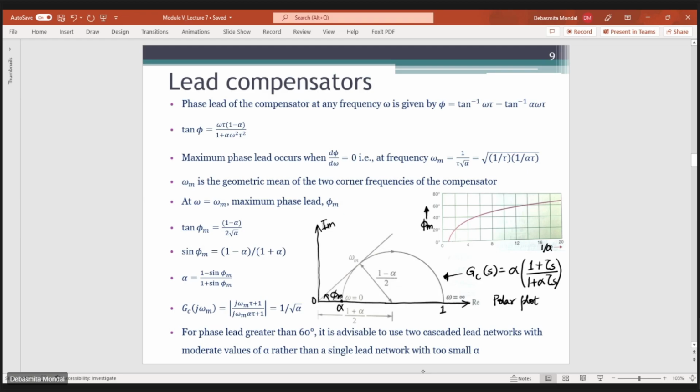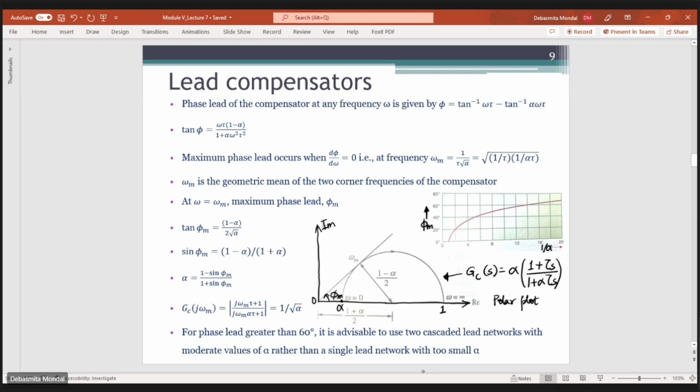So at omega equals 0, the magnitude is equal to alpha, and at omega equals infinity, the magnitude is equal to 1. So the polar plot starts from this point, moves, and goes over here. If you draw the polar plot for this transfer function, it will look something like this.